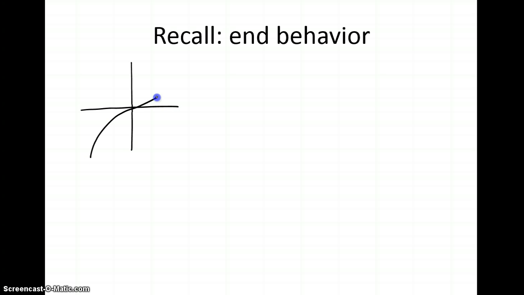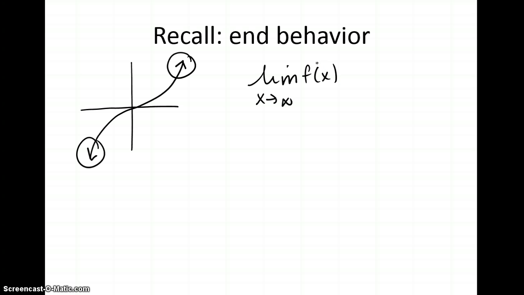If I look at a function, the end behavior is exactly that: the ends of the graph of the function. As x gets bigger and bigger, so as x approaches infinity, what are the y values of the function doing? Remember that limits are what describe y values. The y values are getting bigger and bigger.